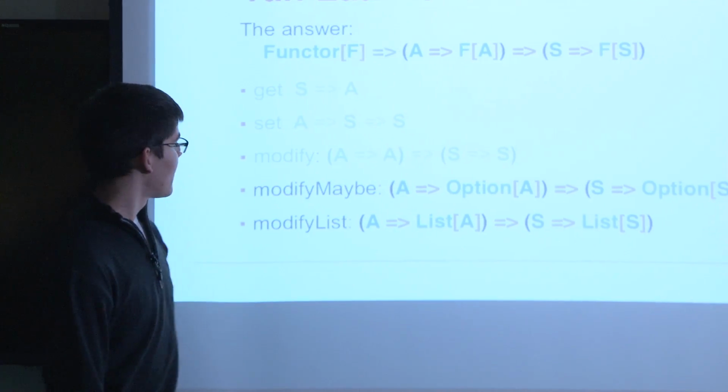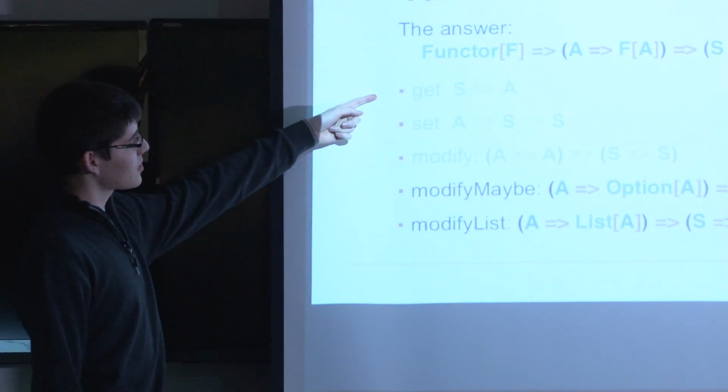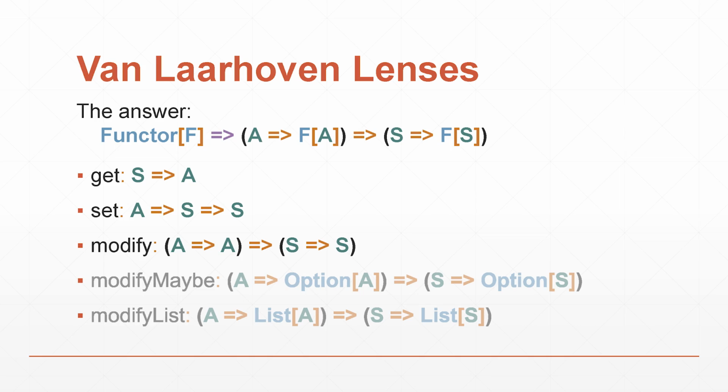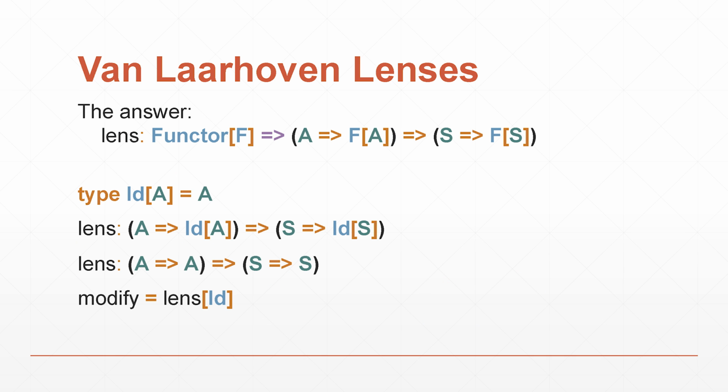All right? But how do we model all the other functions, right? It doesn't look similar, right, at first. So it turns out we can. So let's start with modify. All right?